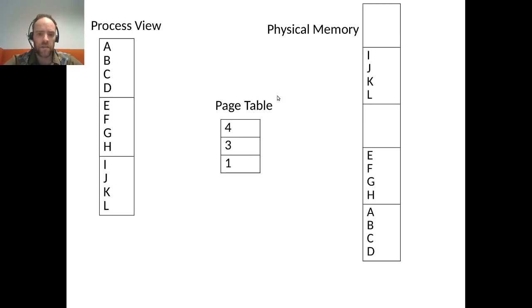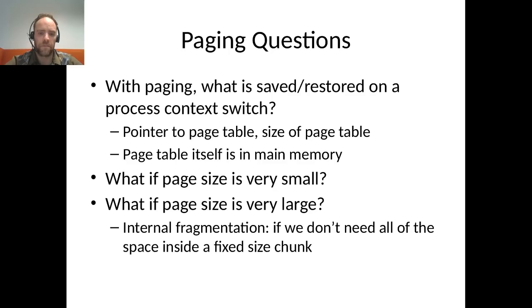So if we go back to our example here, we had two different processes, and they wanted to share this frame. They would both have 4 in their page table because remember, 4 points to a physical memory location. So two processes would have the same page table entry, and therefore they would share that physical frame.